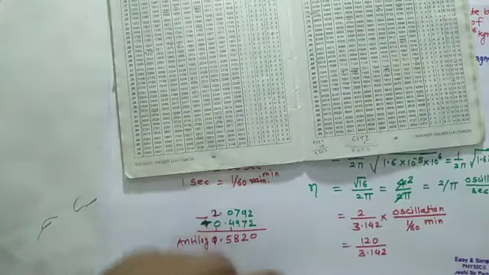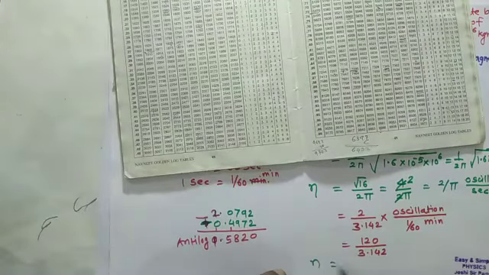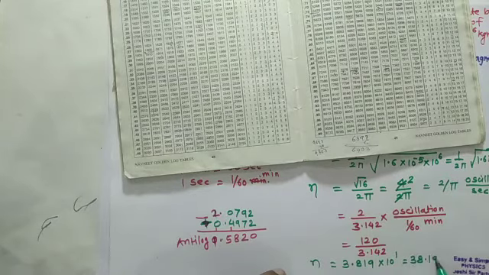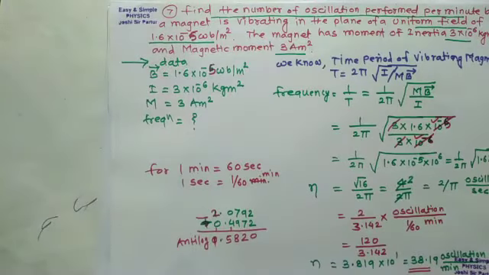Okay, so frequency n is equal to 3.819 into 10 to the power 1, means 38.19 oscillations per minute. So this will be the answer for the given example number 7.